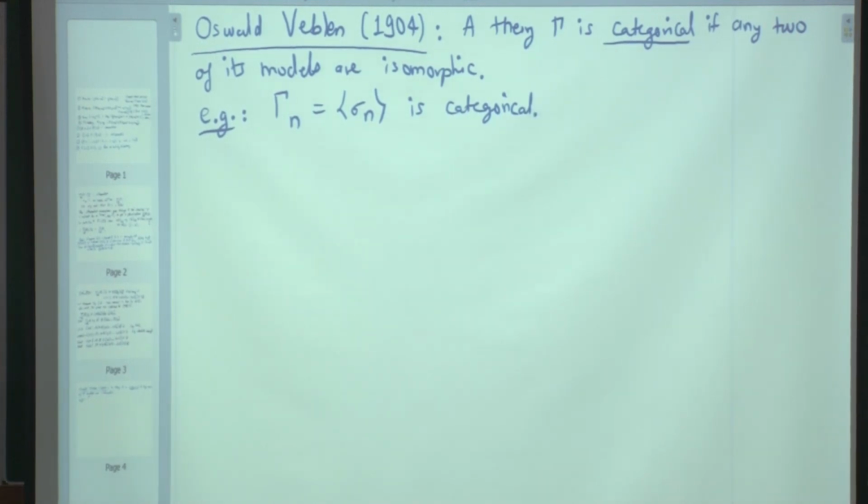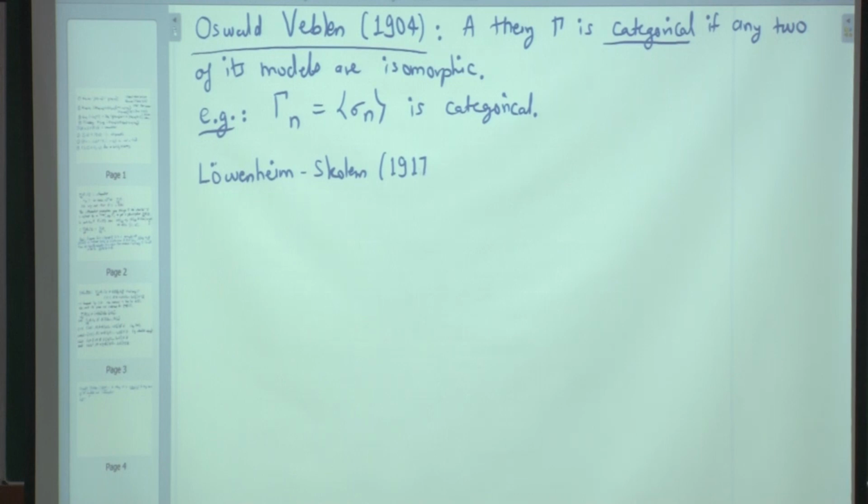And it wasn't really surprising, but Veblen and all his successors only found examples of categorical theories which have finite models. Okay, so then in 1917 or 18, just after the First World War, Löwenheim and Skolem, I think it was just Löwenheim in the beginning and then Skolem added something.